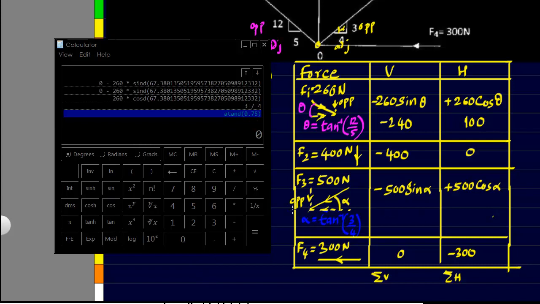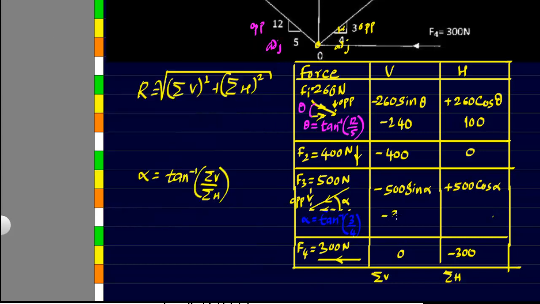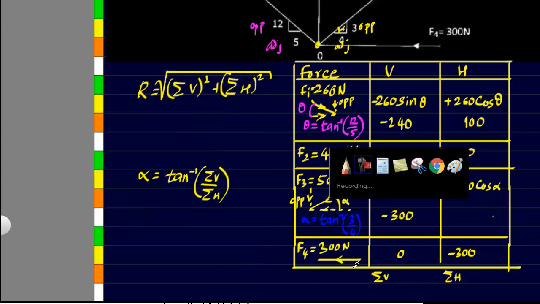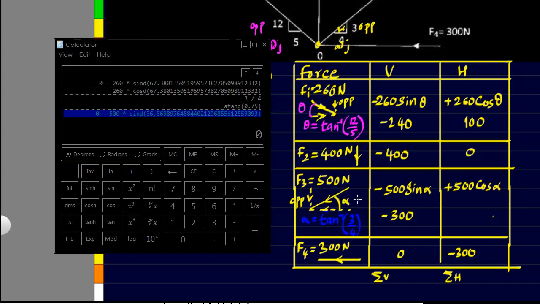So now I have to take minus 500 into this angle sine. So that will give me minus 300. And in the same way, I'll have to do 500 into this angle cos.